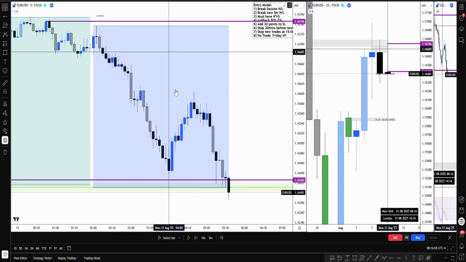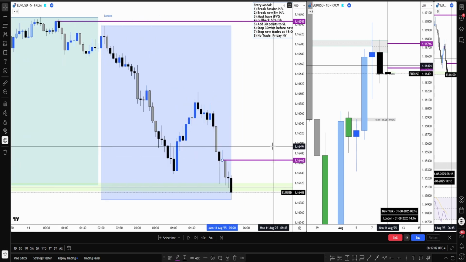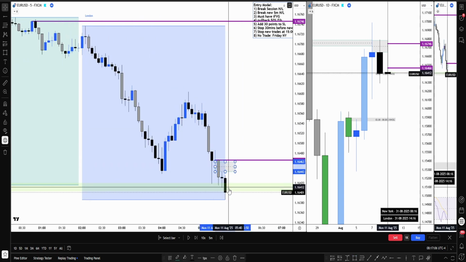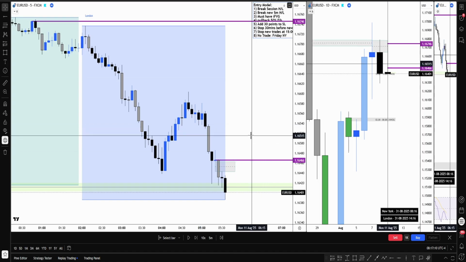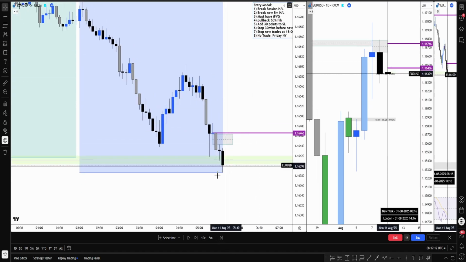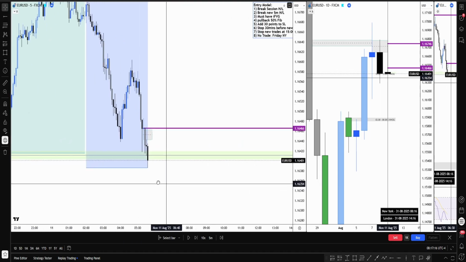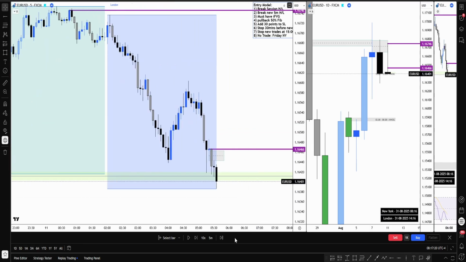All right, so what are we looking for now? Let's make use of this purple line. There's the high that we are focusing on because there's a fair value gap. If we close above that, we have our inverted fair value gap. So let's wait for it. That's also a weekly open gap, right? In WOG, weekly open gap. Let's give it time.